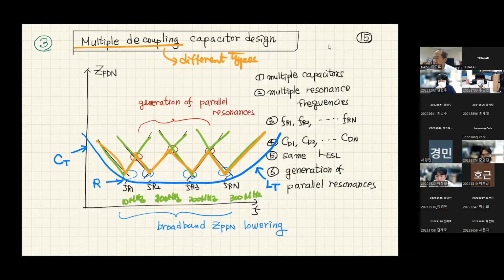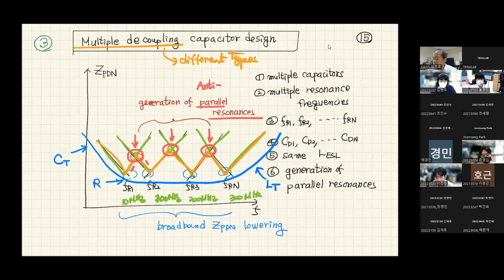But one obvious problem is that we're gonna have anti-resonances. The inductance of capacitor 1 and the capacitance of capacitor 2 are meeting at this point at a resonance. That kind of resonance is called anti-resonance or parallel resonance.